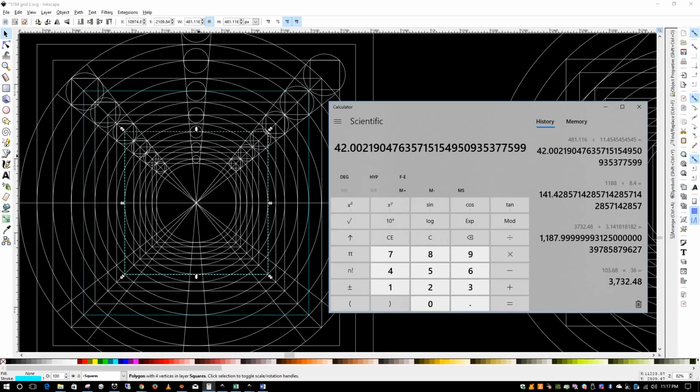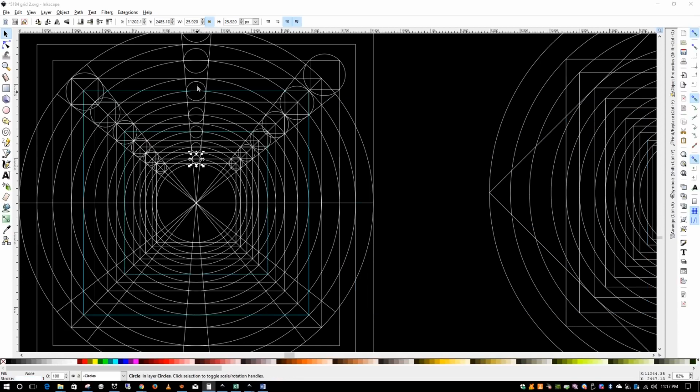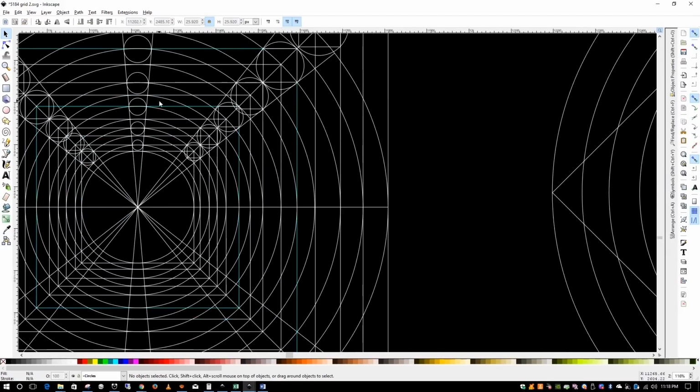And then we get one down here, which is 25.92. That should sound familiar to you guys, which is half of 51.84, and it's also associated with the great year. We have a 33 here. That is half of the 756 value.